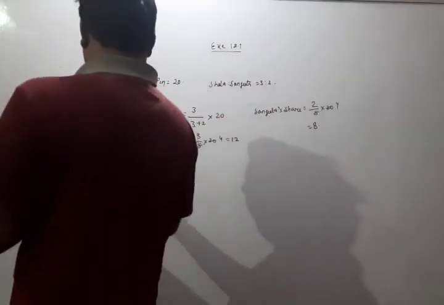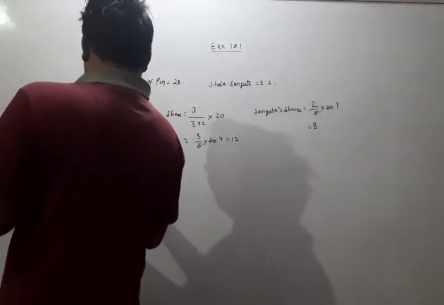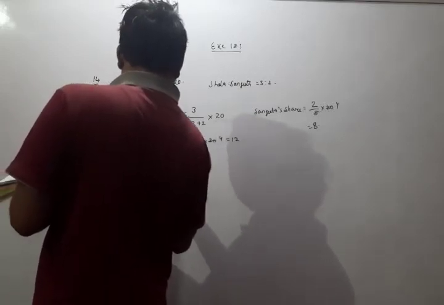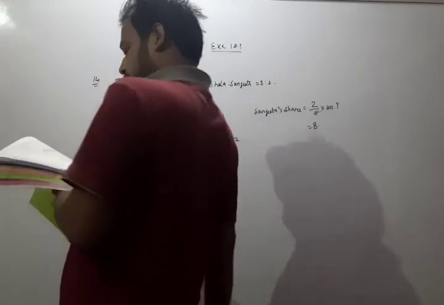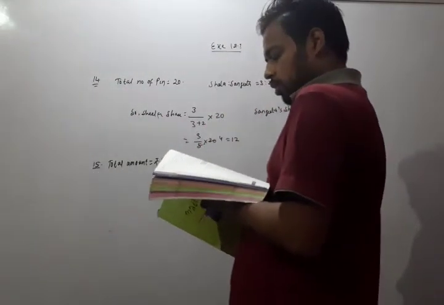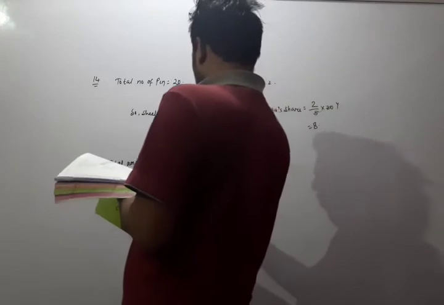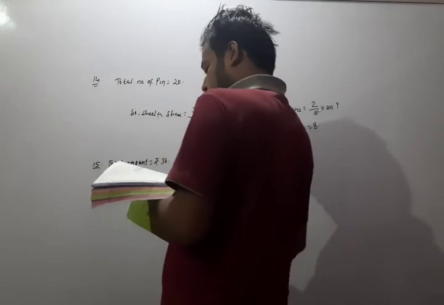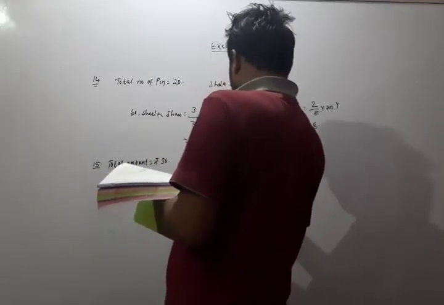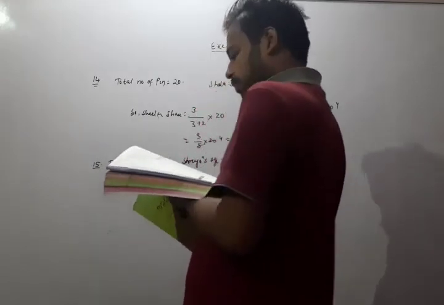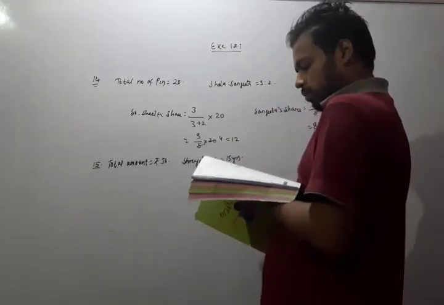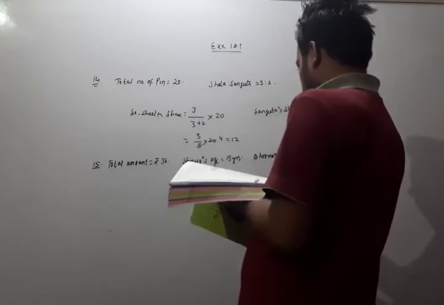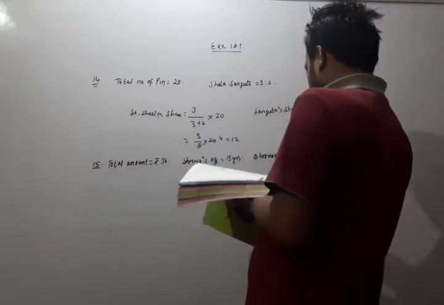Question number 15. Total amount is rupees 36. Now Shreya's age is 15 years. Bhumika's age is 12 years.